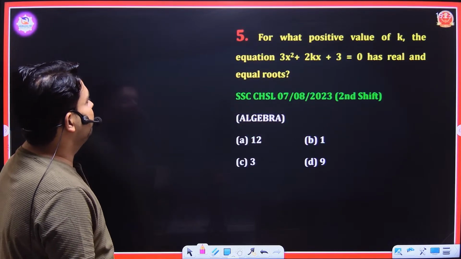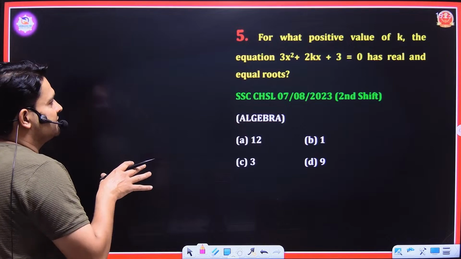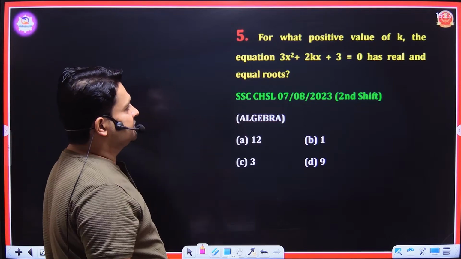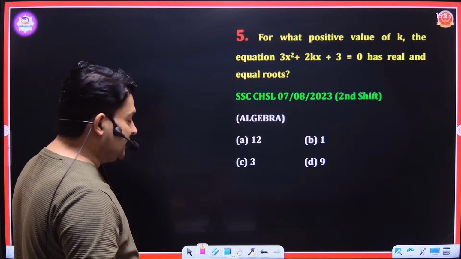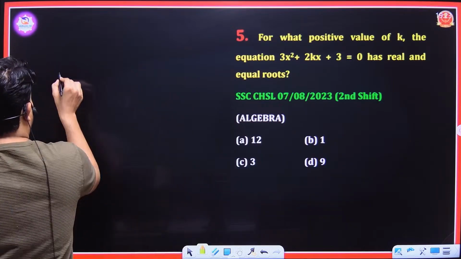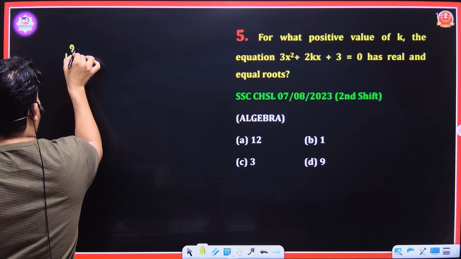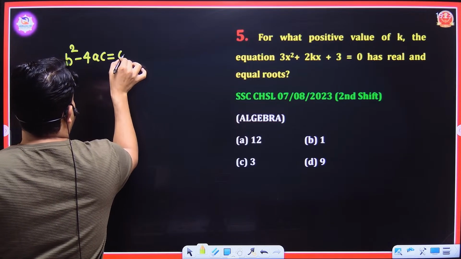Question number 5. For what positive value of k the equation 3x square plus 2kx plus 3 is equal to 0 has real and equal roots? For real and equal roots, b square minus 4ac must be 0. B square minus 4ac, that is the discriminant of the quadratic equation, it must be 0.